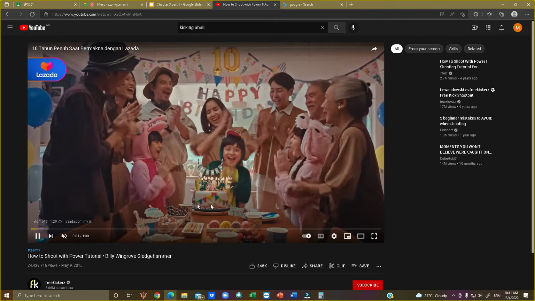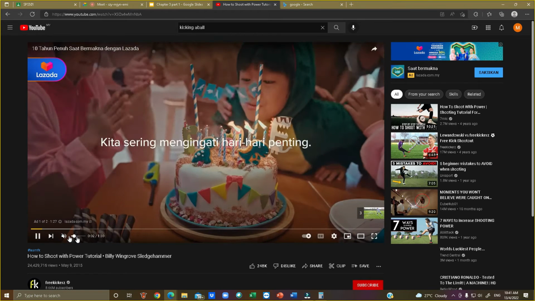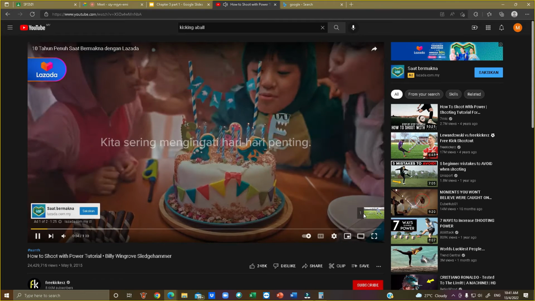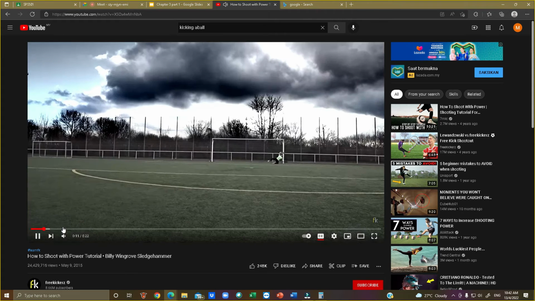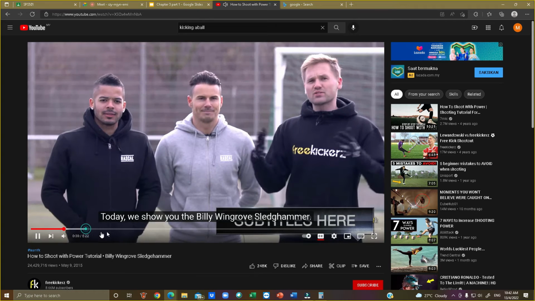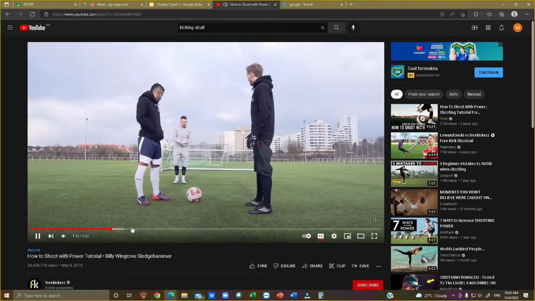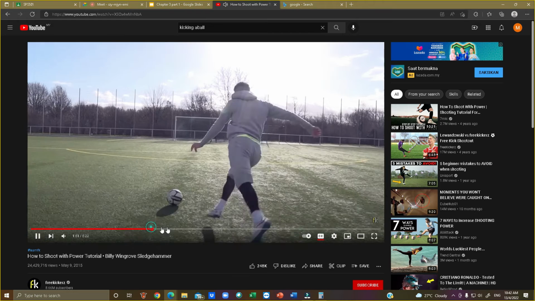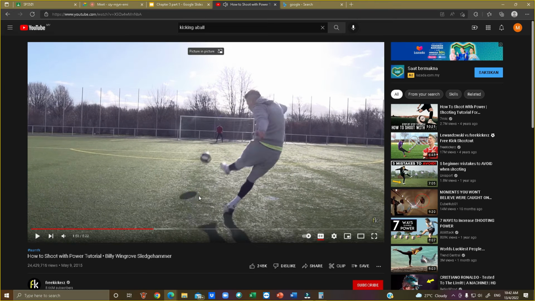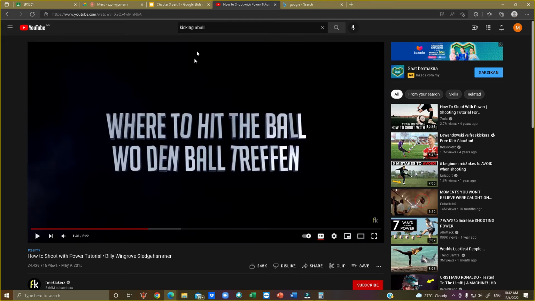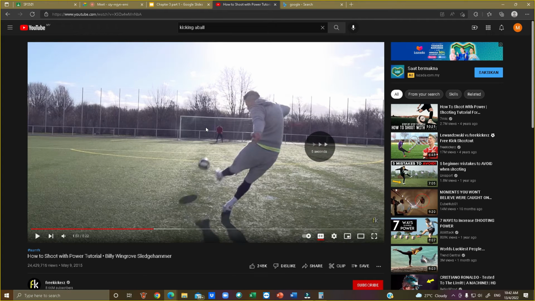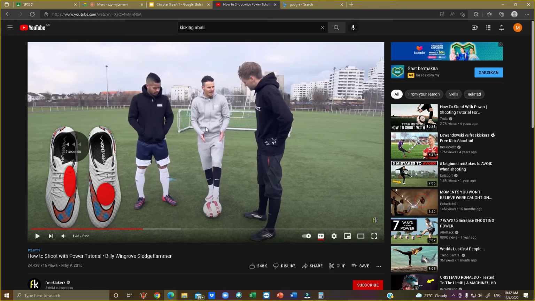Let's play this one. Jadi pula. In one nice know about this that you're not the contact on the ball. Let's see. Dia kick macam ni tadi. Ya, betul. 6 second terus.